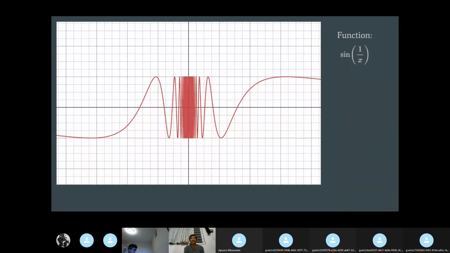Yeah. This is a really interesting function because, qualitatively speaking, the biggest thing that happens with it is that it just starts oscillating. You can see a sine in it, which means it's a periodic function. But it starts oscillating faster and faster as it gets closer and closer to zero.